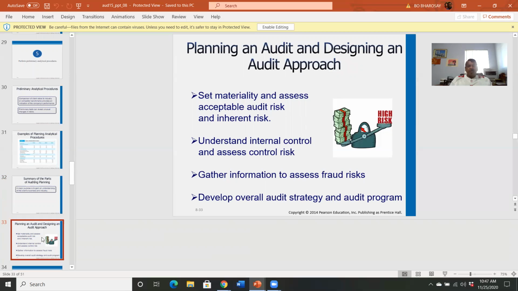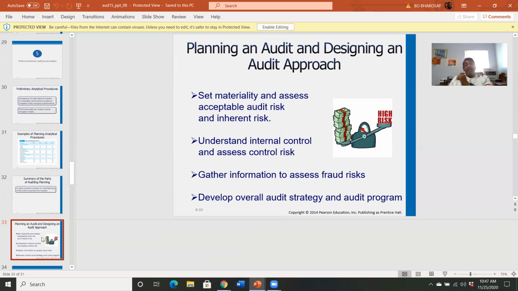Inherent risk is, without taking into consideration internal control or anything else, there are certain risks associated with the business. What is control risk? Control risk is the risk that errors and irregularities will not be detected by the existing system of internal control.